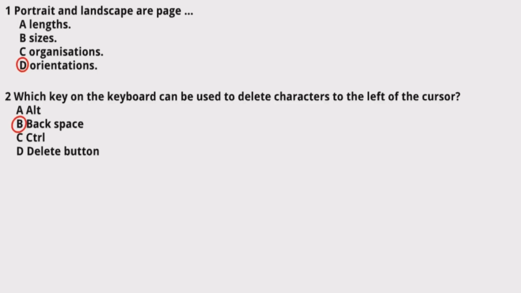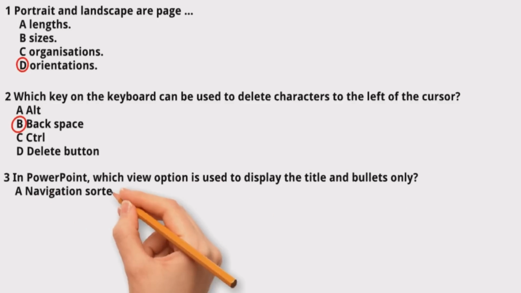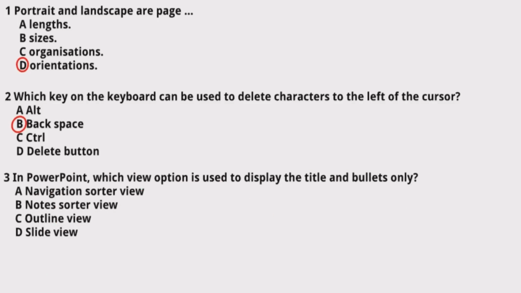We come to question 3, which is: in PowerPoint, which view option is used to display the title and bullets only? A. Navigation sorter view.